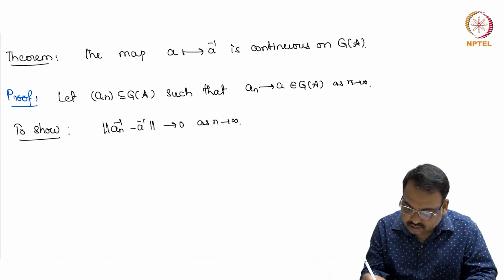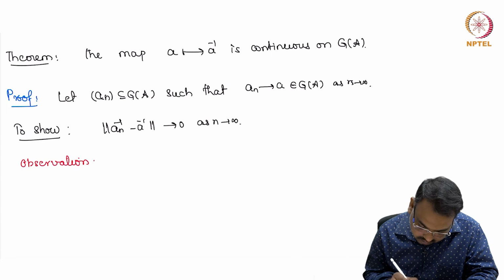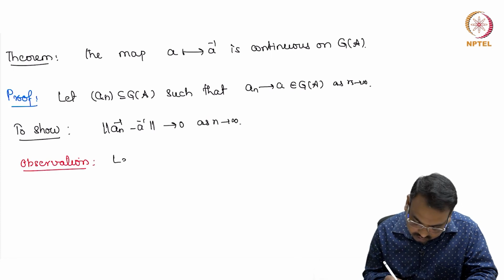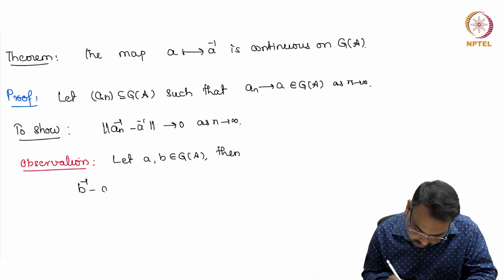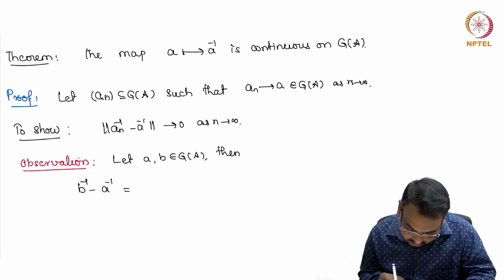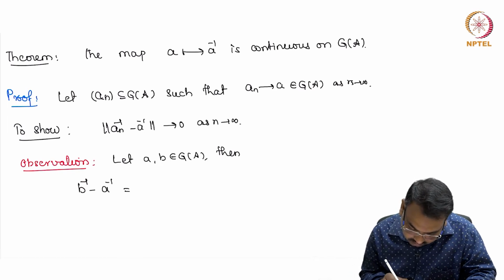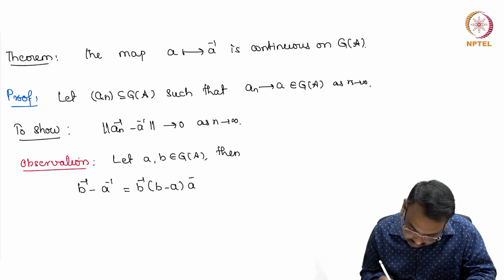For this purpose we use the following formula. If you take two elements A, B in GA, then we can write B inverse minus A inverse in terms of A minus B. So this we can write as B inverse times (A minus B) times A inverse.